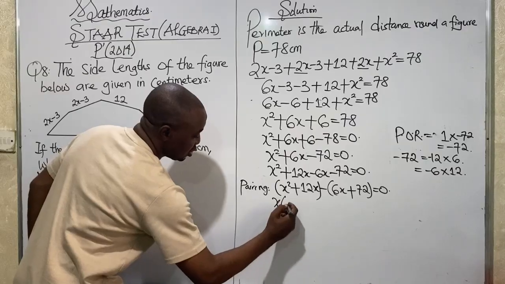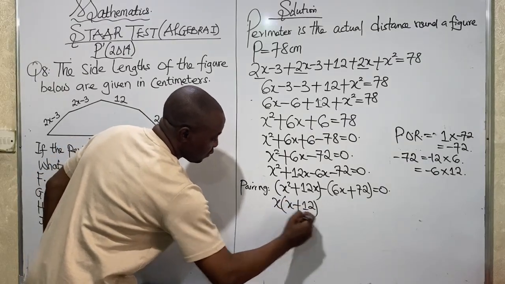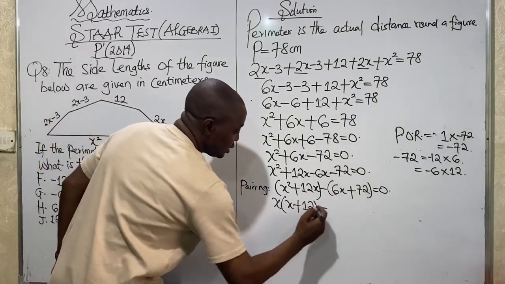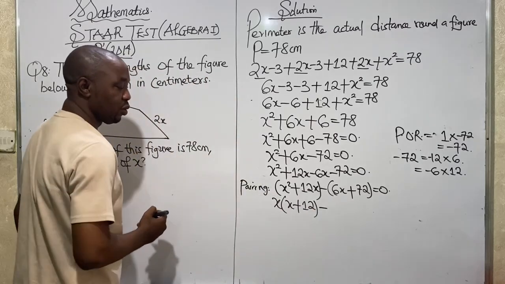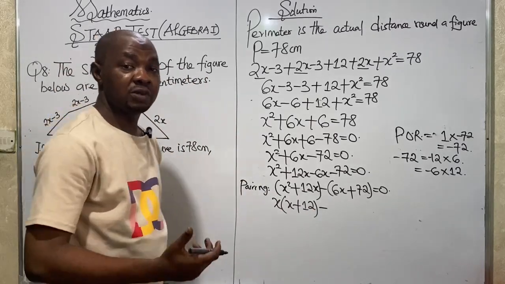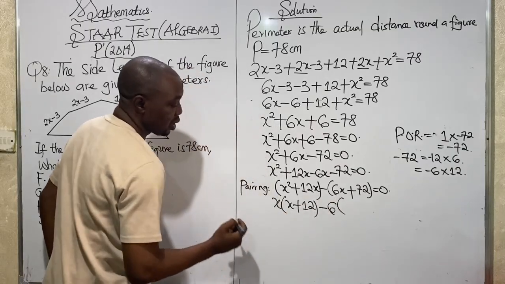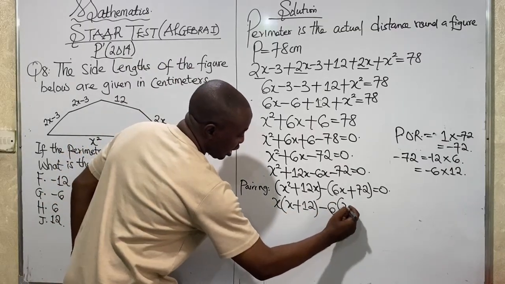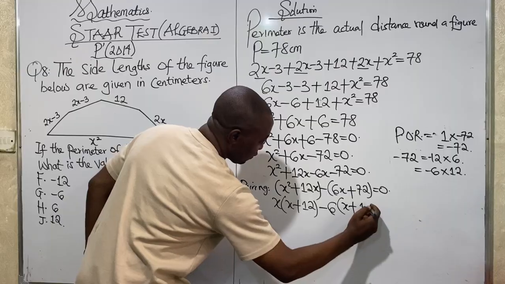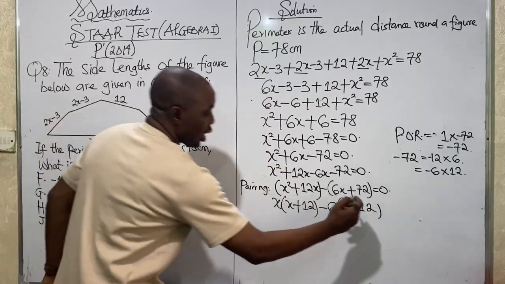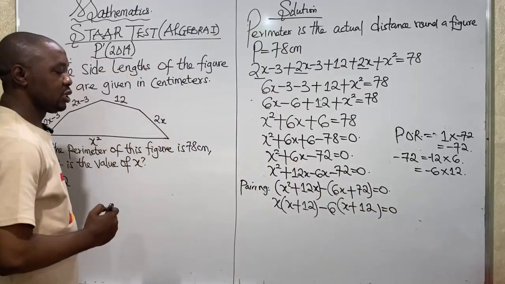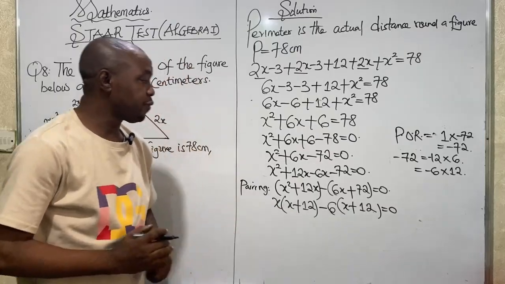This will be x into x plus 12. Then what is common here will be 6, and we know that 6 multiplied by 12 is 72. So we bring out the common factor, which is negative 6, and here we have x plus 12. Then we have that equals 0. So we now have the two factors.